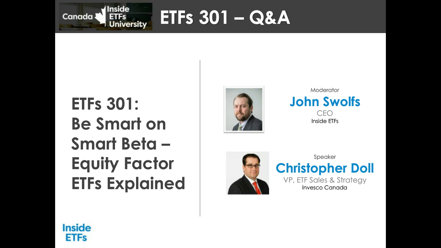You can certainly use that correlation table that we included earlier to select a couple of factors that have exhibited low correlations to each other. So you're pairing your trade: when one is in favor, it's offset by another one that maybe is not. So you could do it in a couple of different ways to help achieve your objectives.